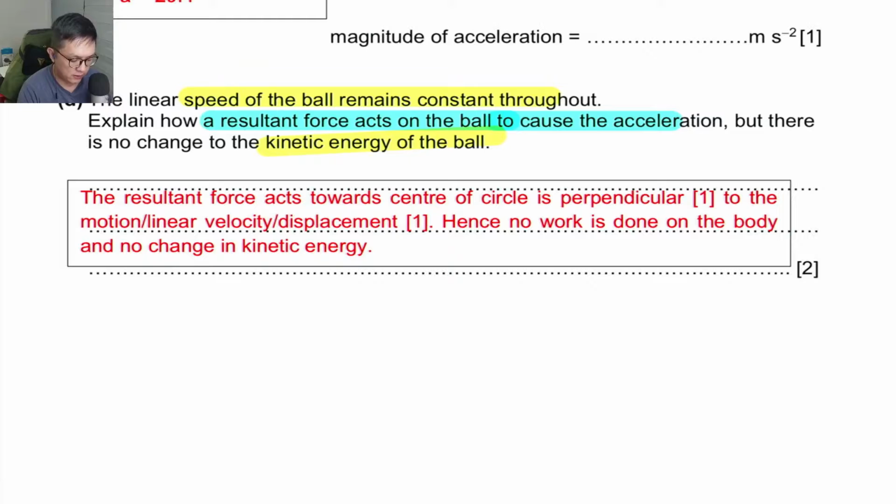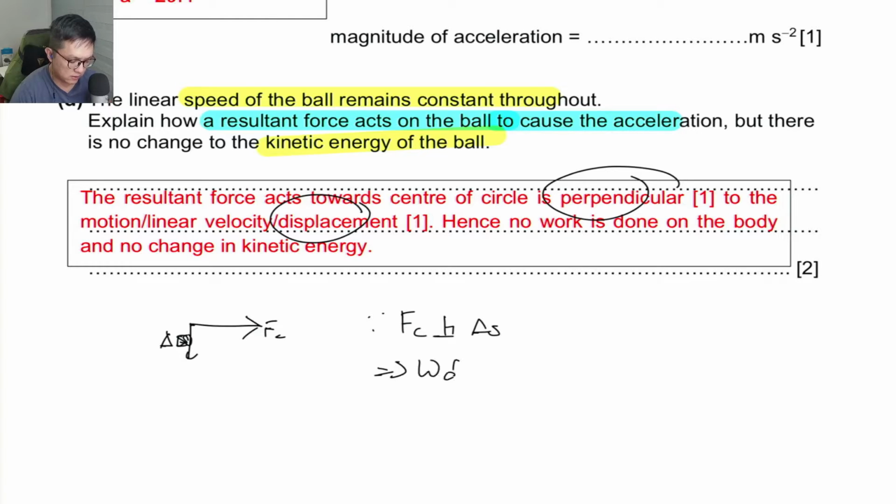You can go about it from two approaches. One, just using the vector. In this case, you just need to say that your resultant force is perpendicular to the displacement. So my resultant force is this way, Fc, and my displacement is in this direction, delta S. Because Fc is perpendicular to delta S, the work done by Fc is equal to 0.